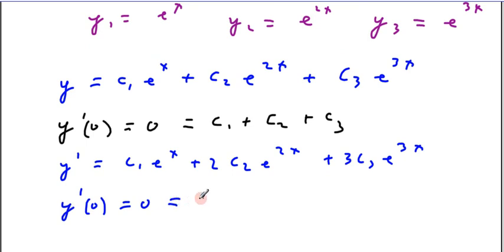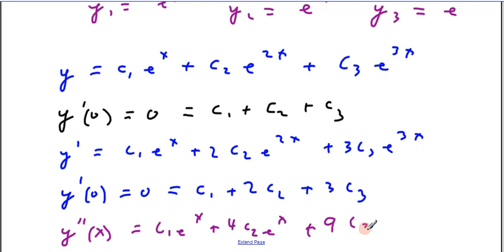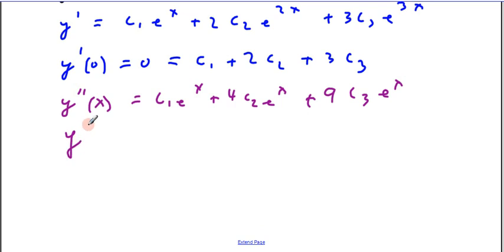And we have that's going to be c1 plus 2c2 plus 3c3. And then we go and look at the next derivative, y double prime of x. And we have c1 e to the x plus 4 c2 e to the 2x plus 9 c3 e to the 3x. And we look at y double prime at 0, and we get 3.